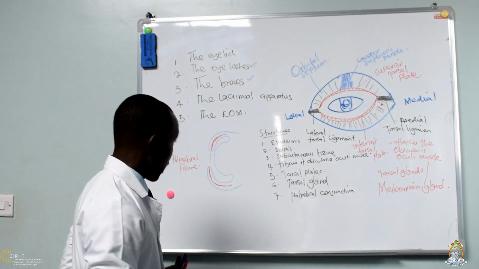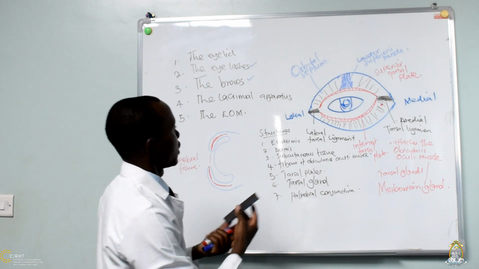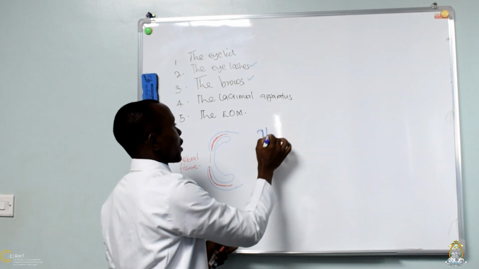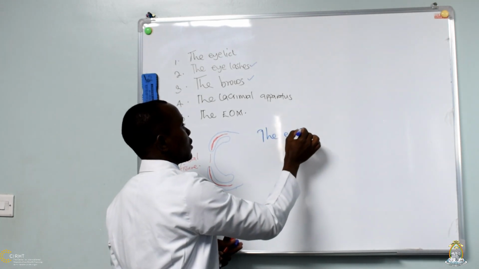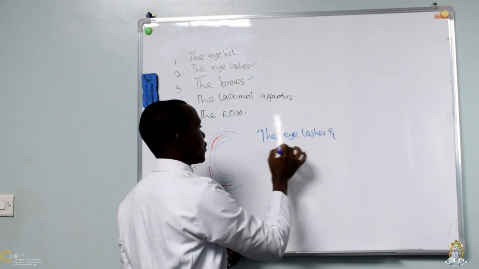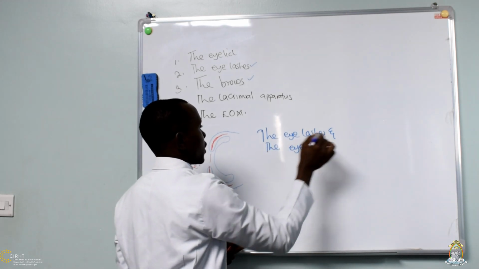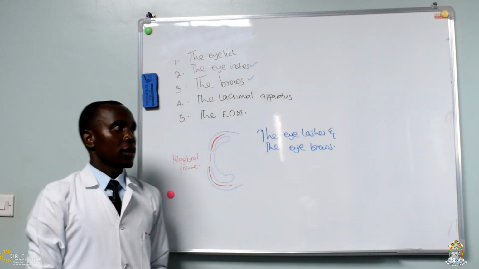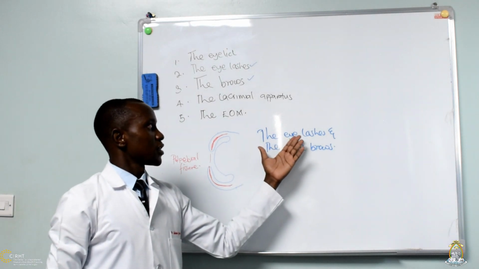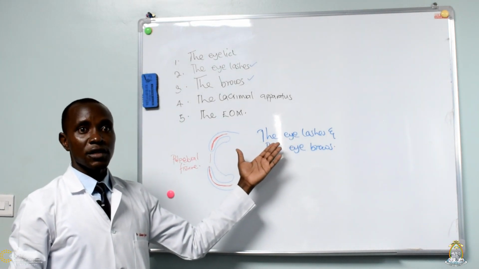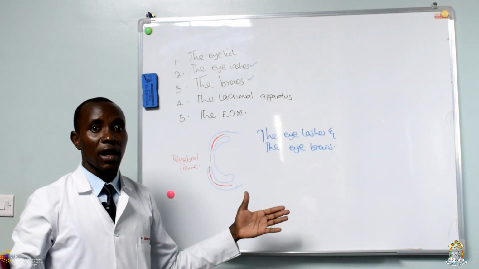So let us look at the eyelashes and the eyebrows. As I told you earlier, these are the only hairs present within the eye; there is no other hair.